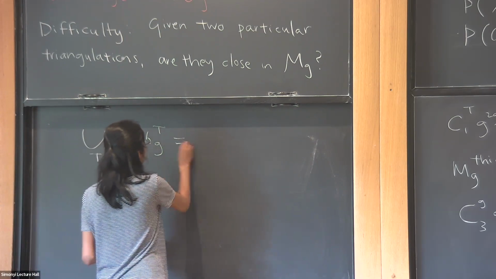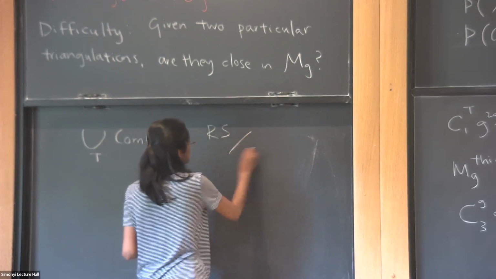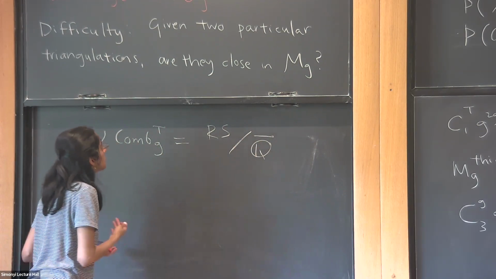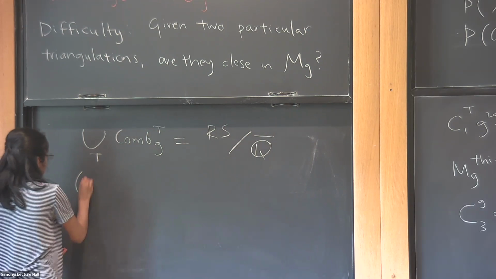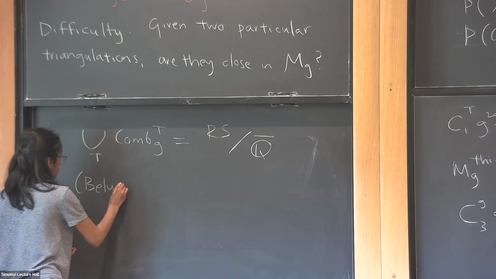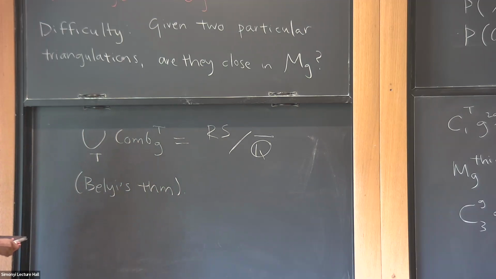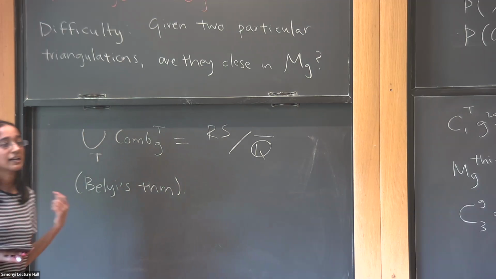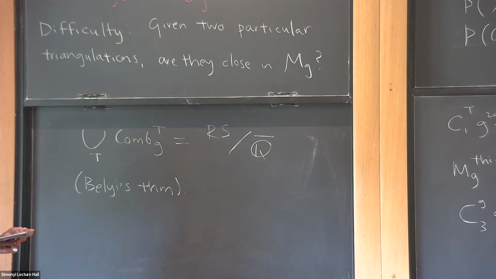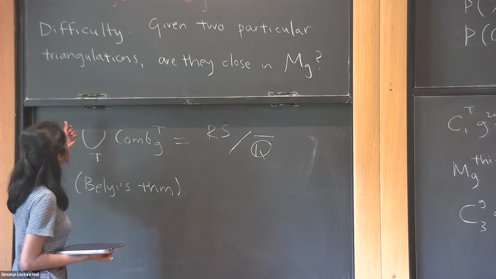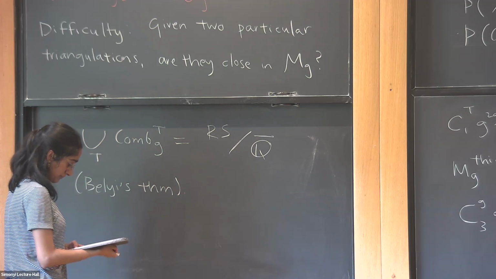This is the same as Riemann surfaces defined over Q bar, by Belyi's theorem. Your question is like asking, given two dessins d'enfants, how do you determine the underlying Riemann surface? That's kind of hard.